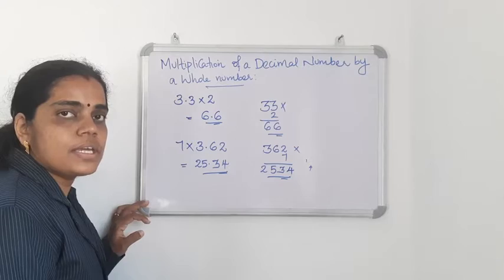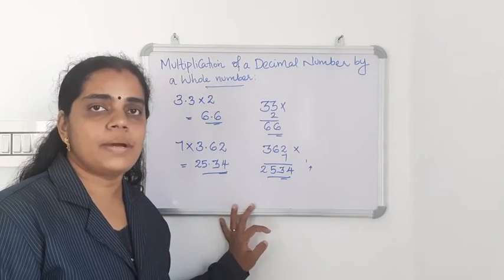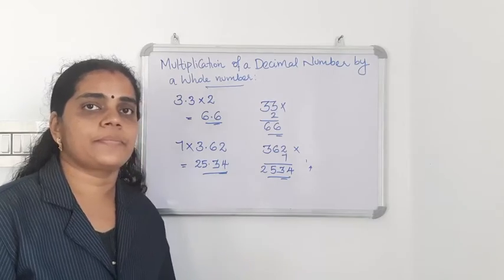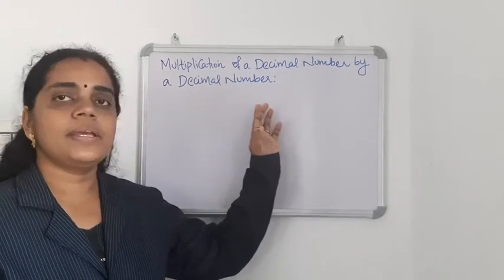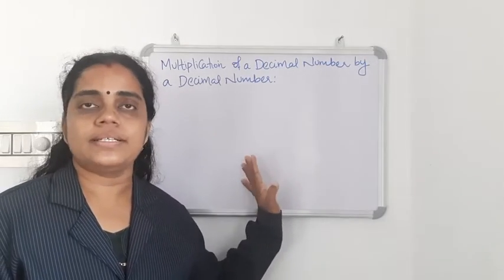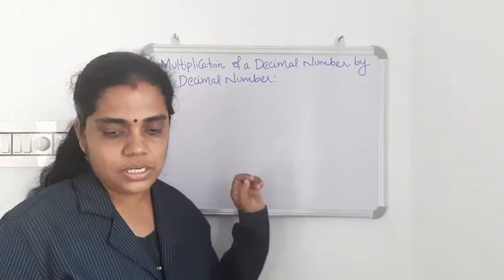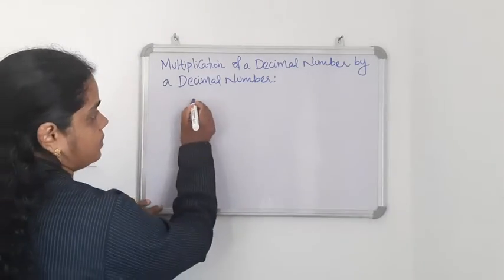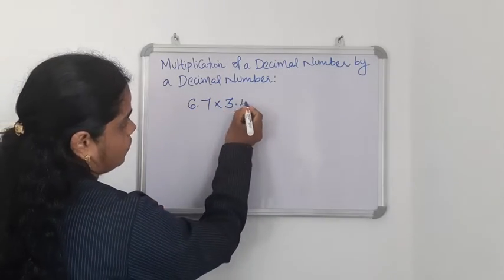So next we can discuss how to multiply a decimal number by a decimal number. The method is the same, but here it is multiplication of two decimal numbers. So we can take one example: 6.7 into 3.4.